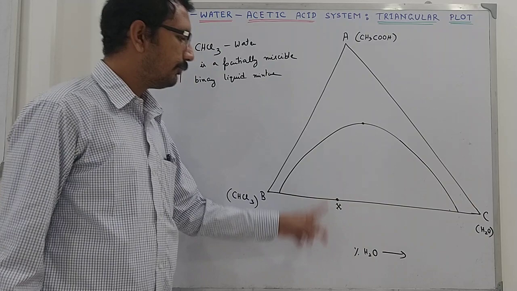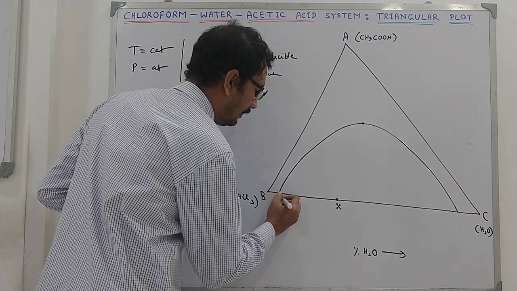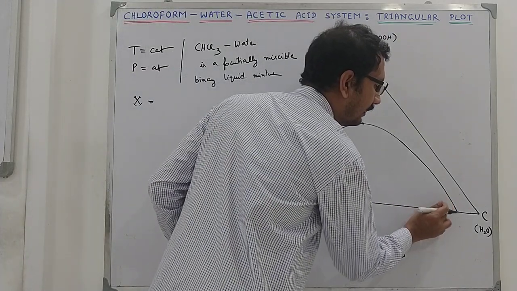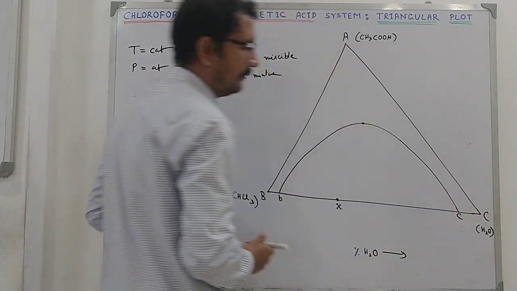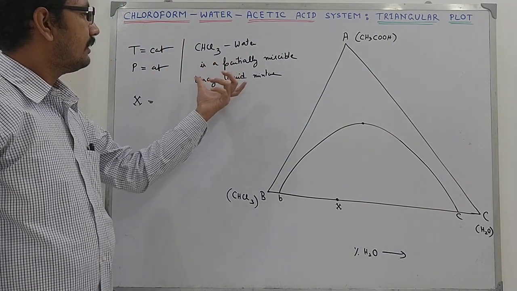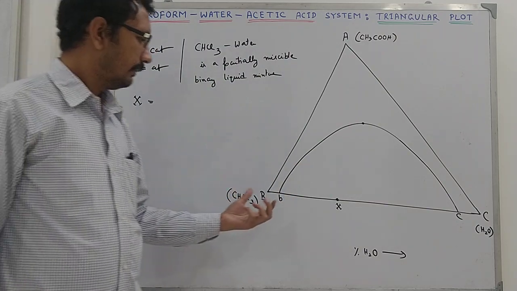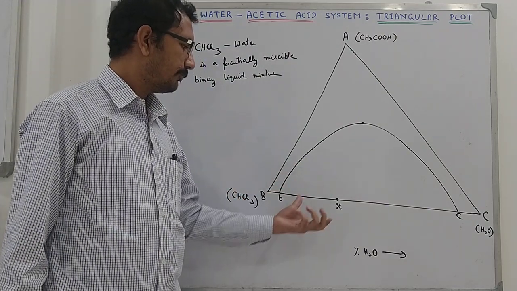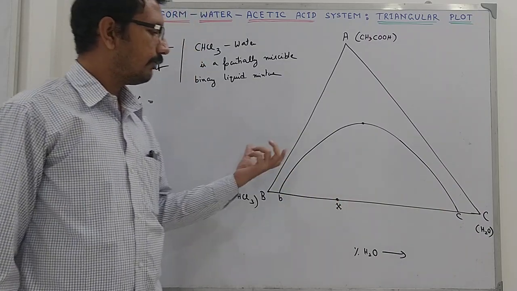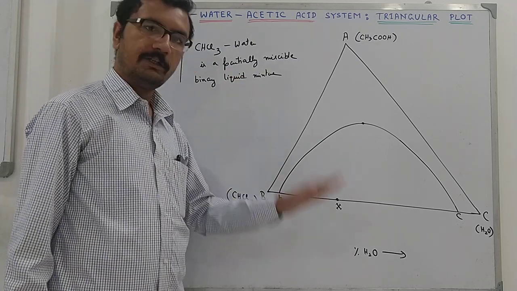So you will get composition in one solution it is B and in another layer it will be C. I repeat, since chloroform water does not mix at all proportions, there are certain proportions and certain conditions where it can give you a homogeneous mixture.